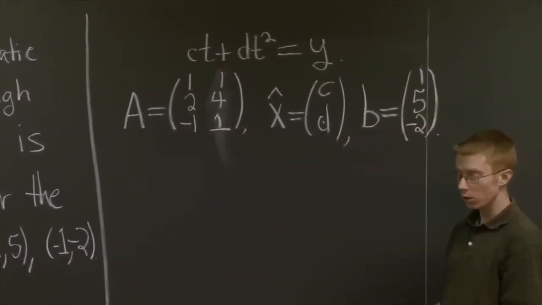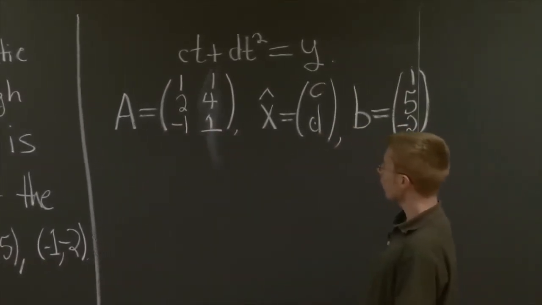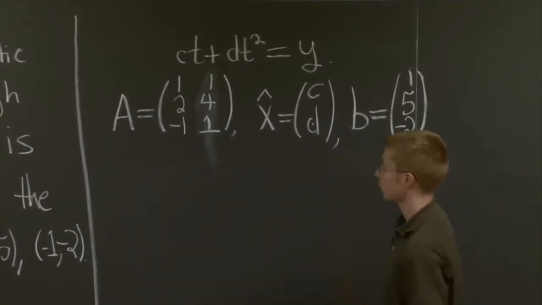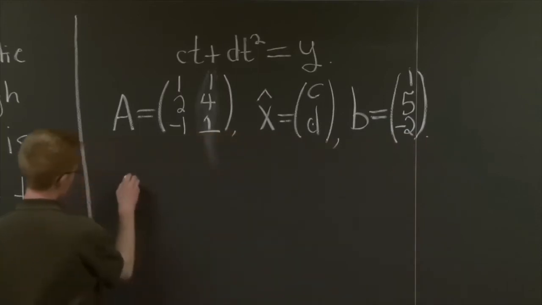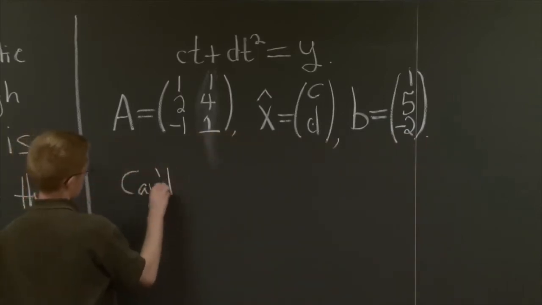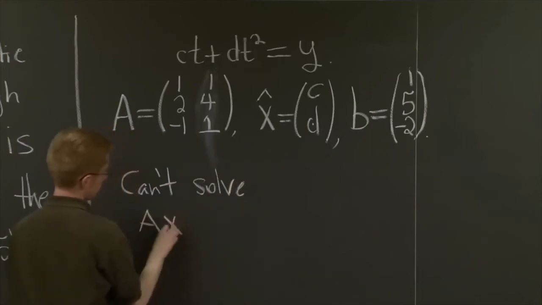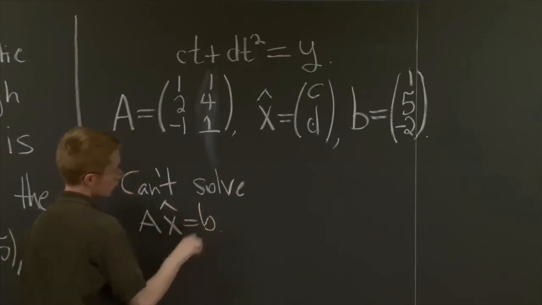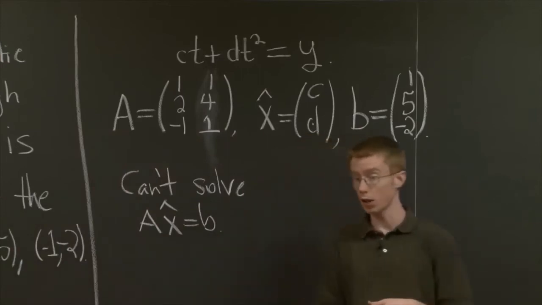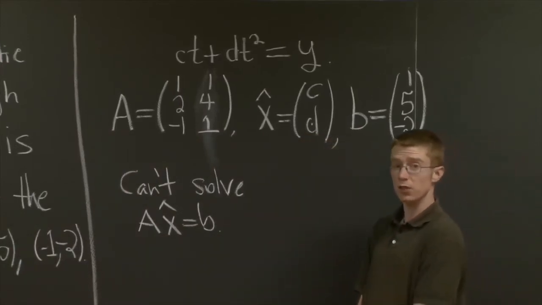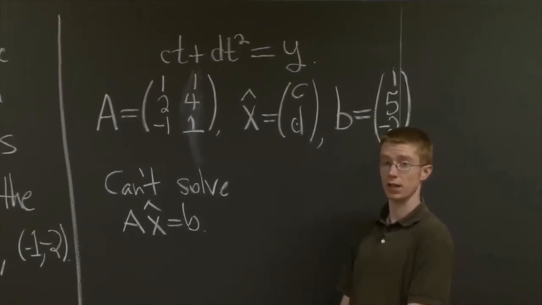Good. So it would be great if we could solve A x hat equals b, but we can't solve A x hat equals b because there isn't a quadratic equation through the origin that contains these 3 points. But we need to find the best approximation to that.